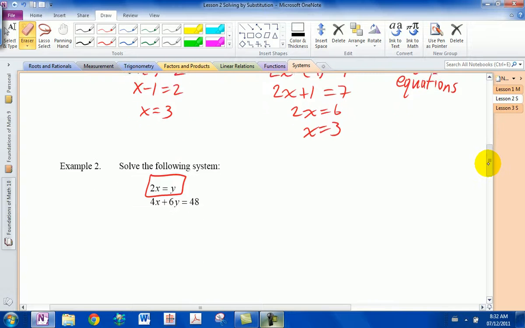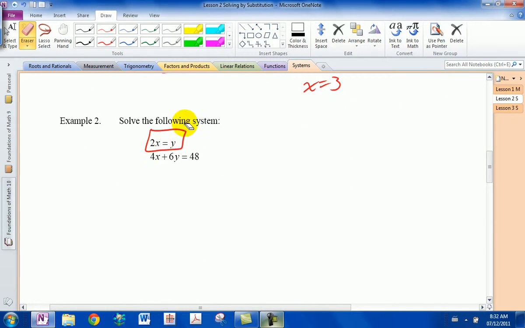All right, let's go down now. Finish this one. So now we have 2x equals y. So we can go 4x plus 6 times 2x equals 48. So all I did is I substituted my y value in the bottom, from the top equation to the bottom. Now solve for x. Go.